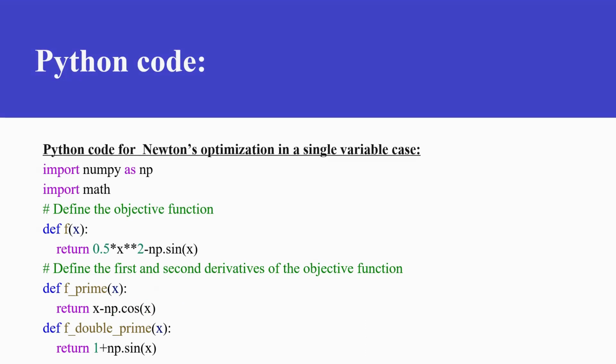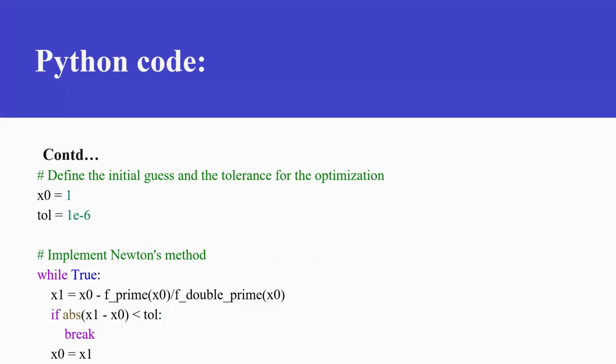Python code for Newton's optimization in the single variable case. Here the taken function is 0.5x² − sin x. The derivative of that function is x − cos x, and the double derivative of the function is 1 + sin x. Initial value x0 = 1 and tolerance equals 10^-6.